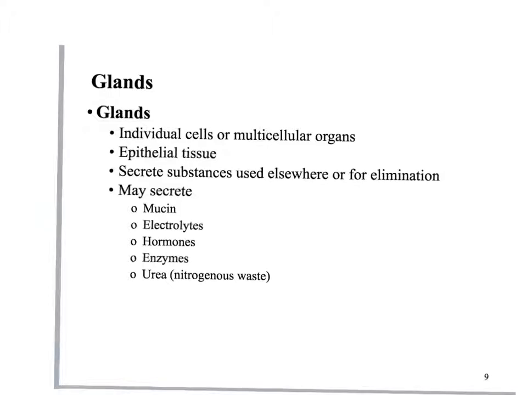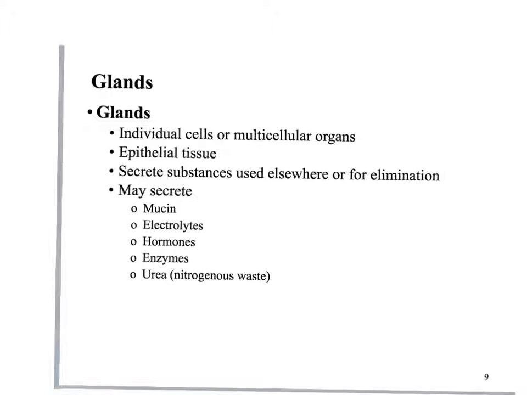Some glands will produce mucin. Mucin's a protein which is abundant in mucus. All right, electrolytes: calcium ions, sodium ions, potassium ions, chlorine ions. Just talked about hormones. Enzymes, all right? Even your sweat has enzymes in it, enzymes that will break down bacterial cell walls.